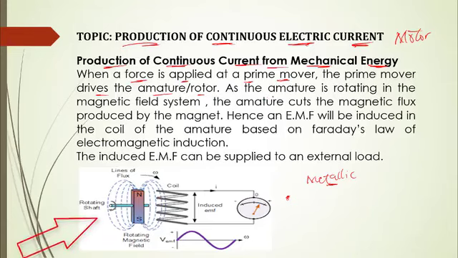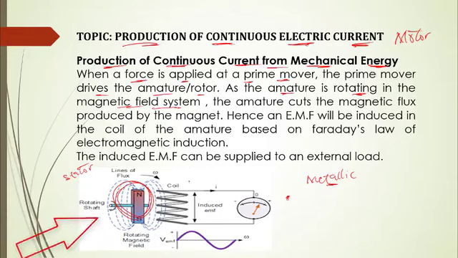Now, as this rotor or the armature is moving and rotating inside the magnetic field system, remember that this magnet is part of what we call a stator. So because of the presence of this magnet, a magnetic field has been created in this system.